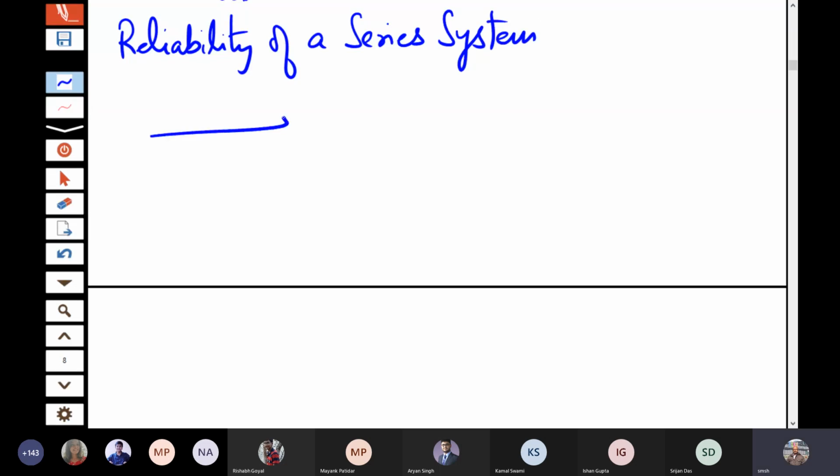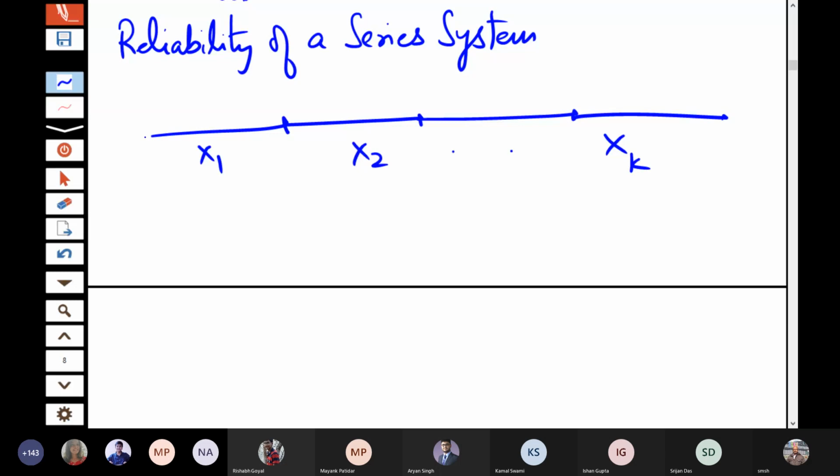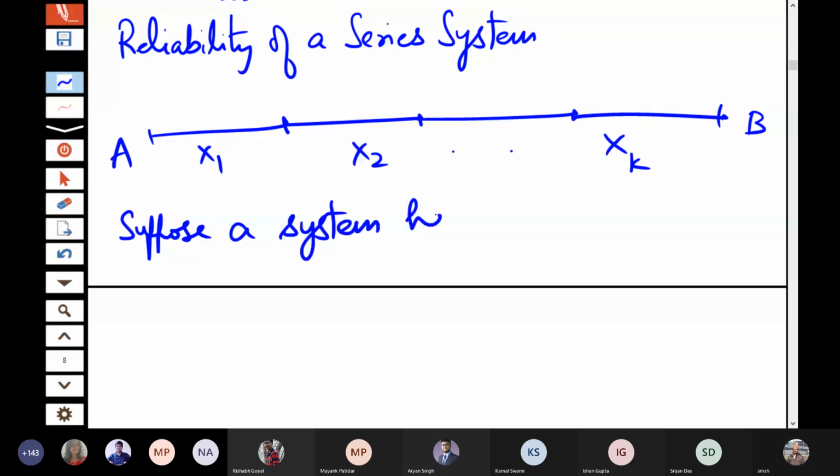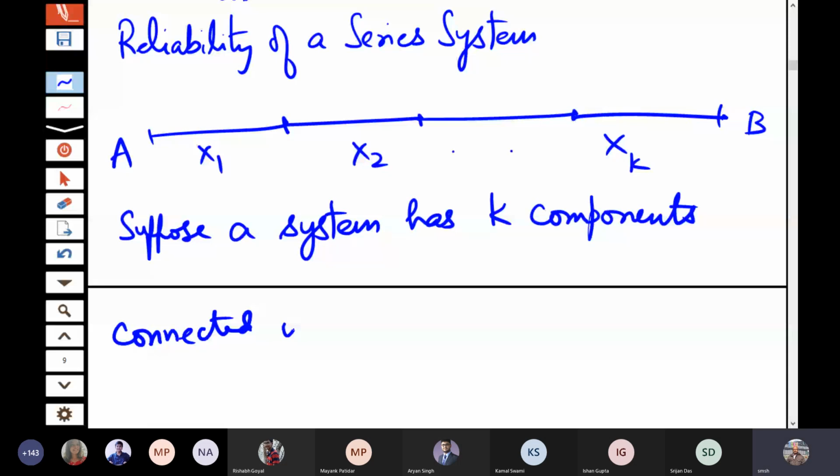So let us consider x1, x2 and so on, xk. Suppose a system has k components connected in a series.